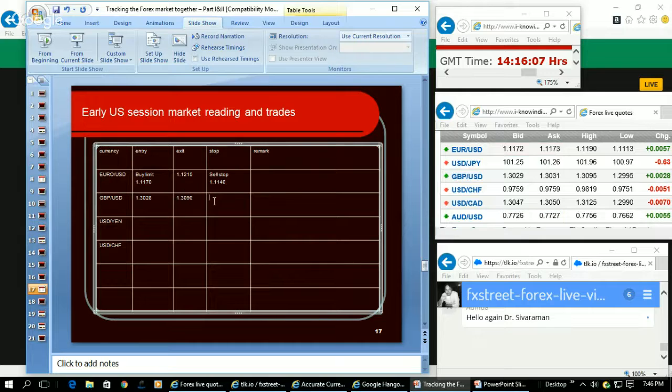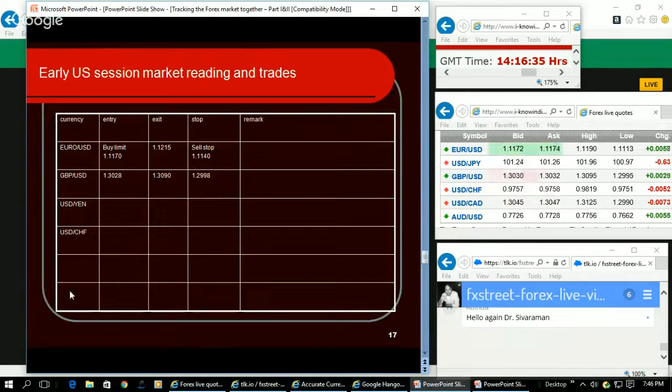We'll keep the high as the exit, 1.3090, the initial high, and the hedge order 30 pips below, 1.2998. So these two positions we'll focus on and try to see how exactly they are handling the market.